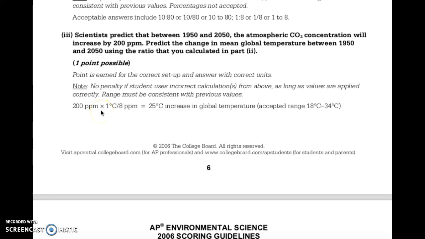Remember, with our unit conversion, we want to cancel out the carbon dioxide concentration units because we're just looking for a temperature. So we'll have 200 times 1 degree Celsius, which we got up here as our ratio, or whatever your top number for your ratio was, divided by whatever your bottom number for your ratio was.